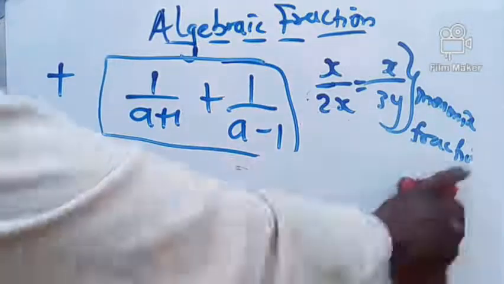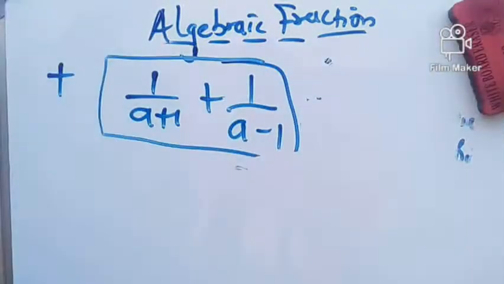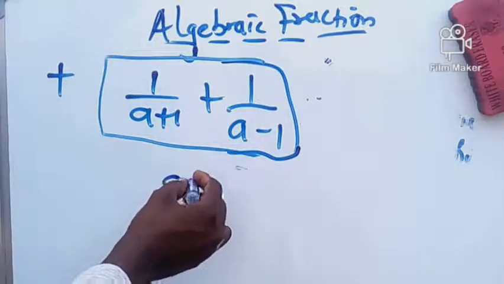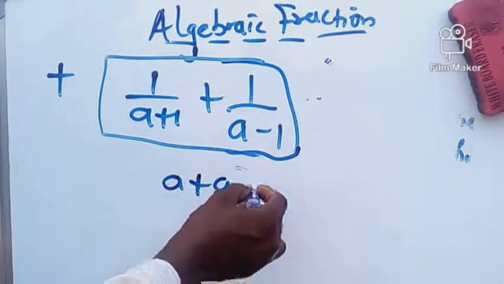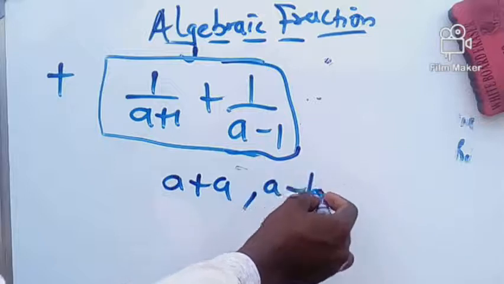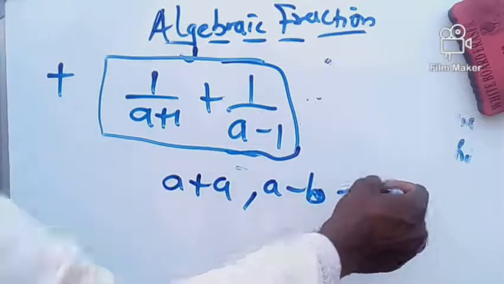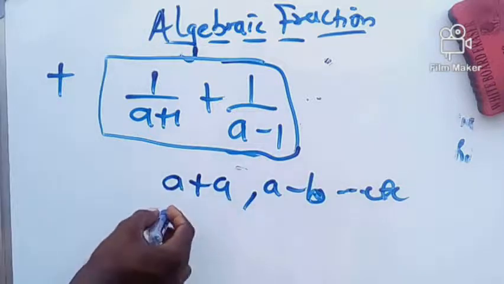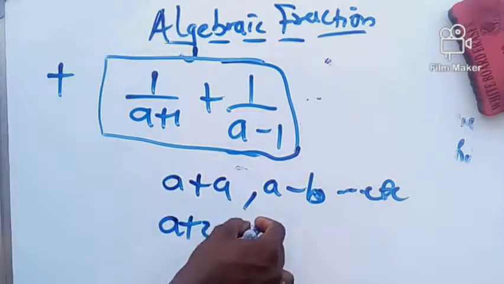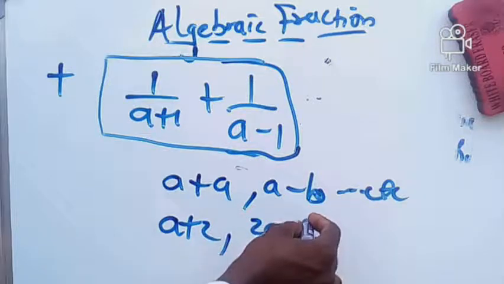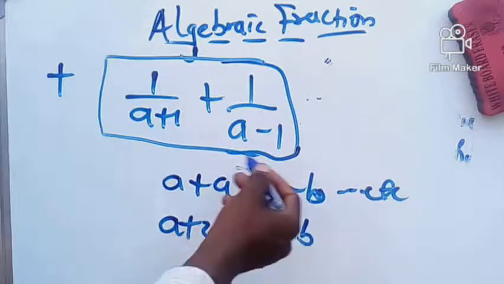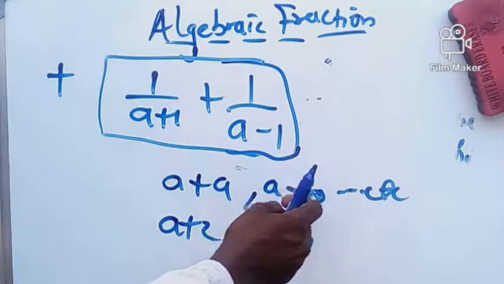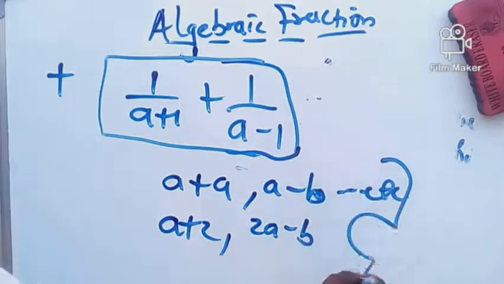Anytime you come across fractions that contain a combination of two variables, such as a plus b or a minus b, or a variable and a constant being added together such as a plus 2 or 2a minus b, anytime you come across two different terms bounded by addition or subtraction, we call them binomials.